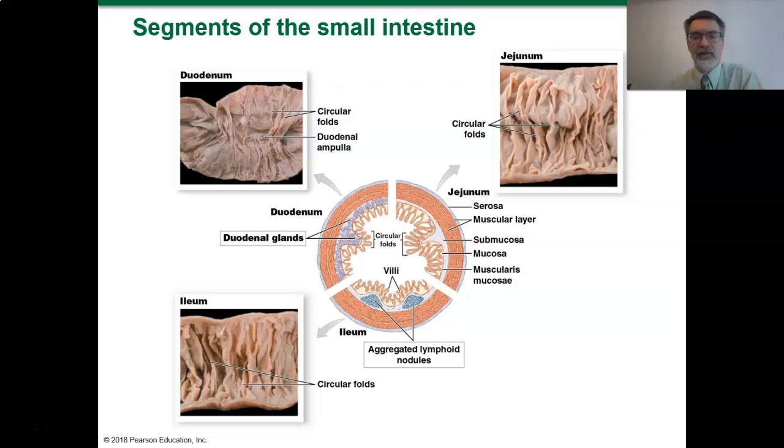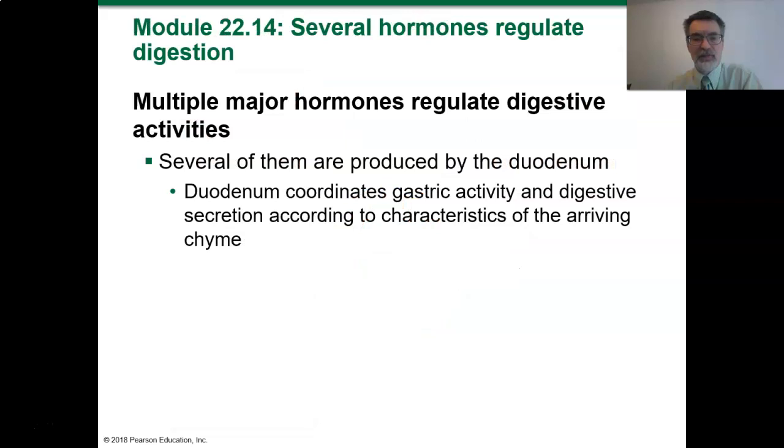So this is the three regions of the small intestines, right? Multiple hormones regulate our digestive system activities. Just like the stomach, these are very important hormones for regulating the intestinal phase of our digestive process, as well as potentially inhibiting the gastric phase of our digestive process.